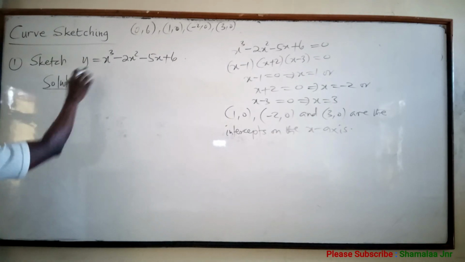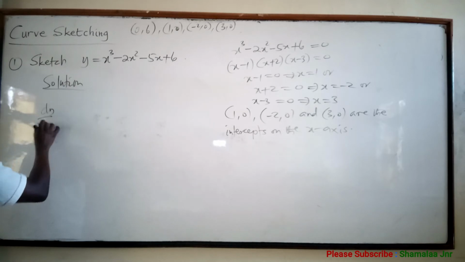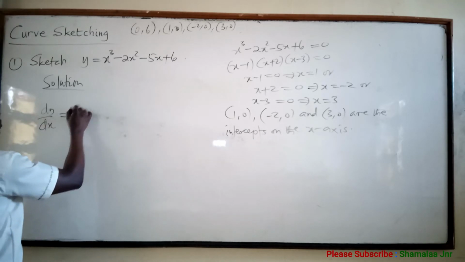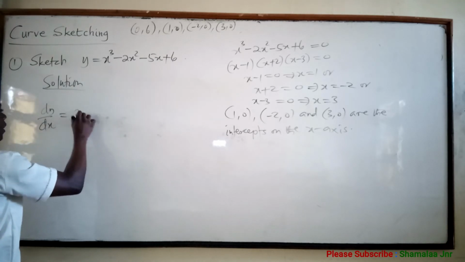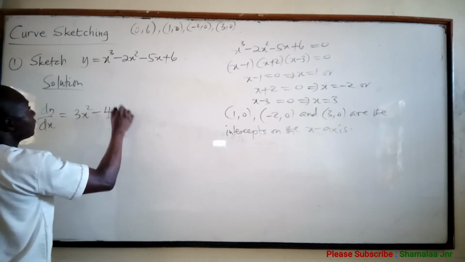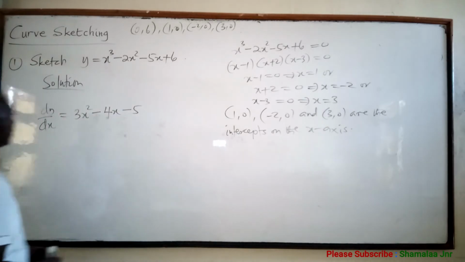So y is equal to this. So you can find dy dx. dy dx is equal to, if you differentiate this one, we have 3x squared minus 4x minus 5. Yes.